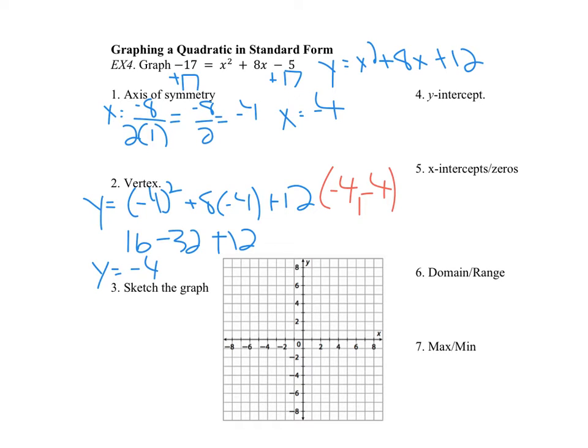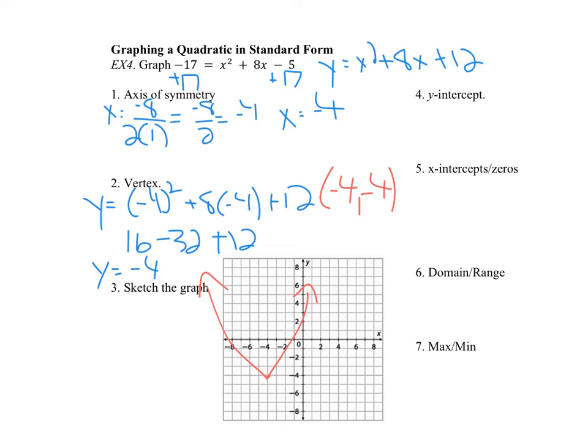Sketch the graph. So we have negative 4, negative 4. And then our a value is 1, so it's positive, so we know for a quick sketch, we're going to go up.